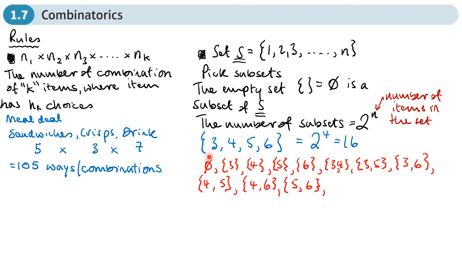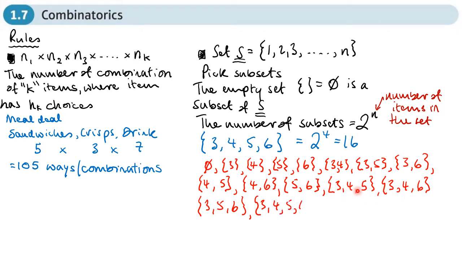I've started here with the empty set that contains none of the items, and then sets that contain 1 item. Next, these are the sets which contain 2 items. I apologize for my curly brackets. I'm not very good at doing them. That's followed by these 3 subsets that contain 3 items. And lastly, there's one set that contains all of the items.